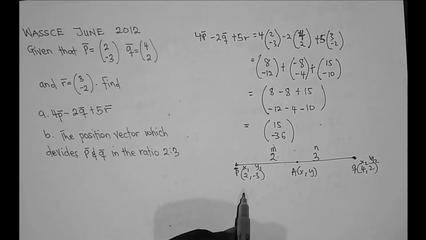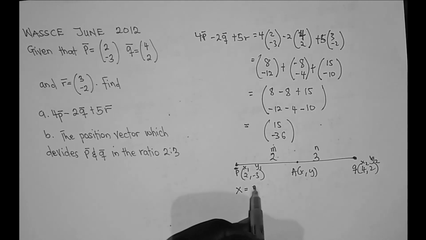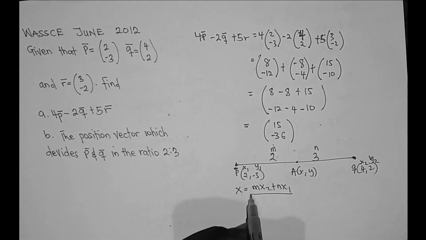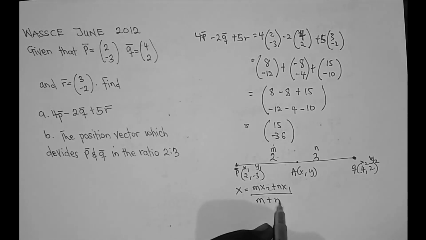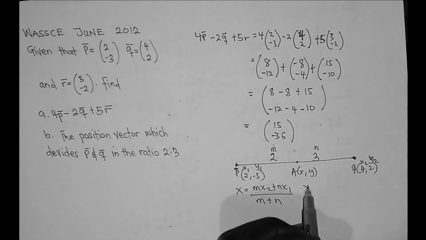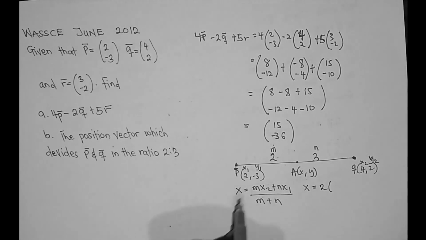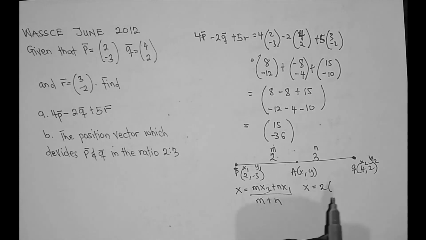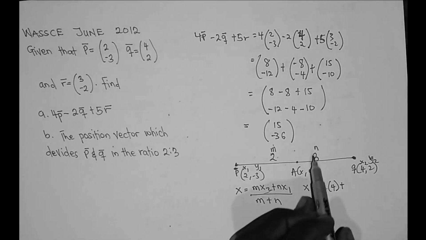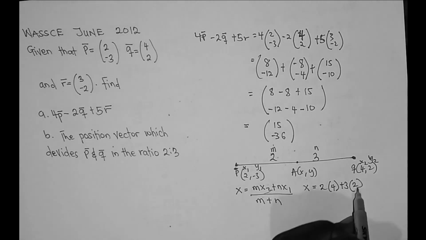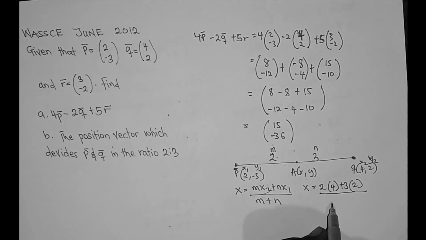So let's write the formula for the internal division of a line in the x component. So x is equal to (mx2 plus nx1) divided by (m plus n). So x is equal to m is 2 times x2, which is 4, plus n is 3, times x1 is 2, divided by m plus n.